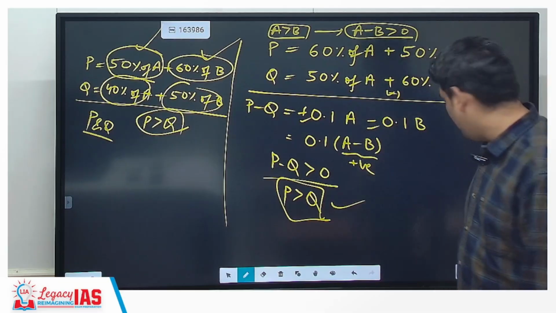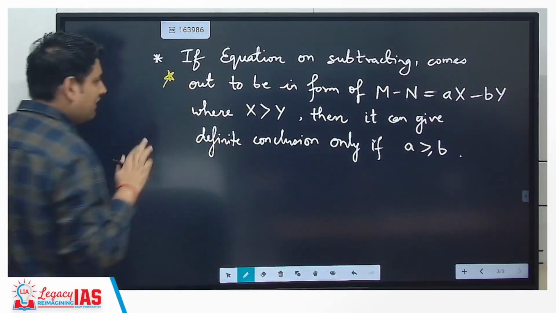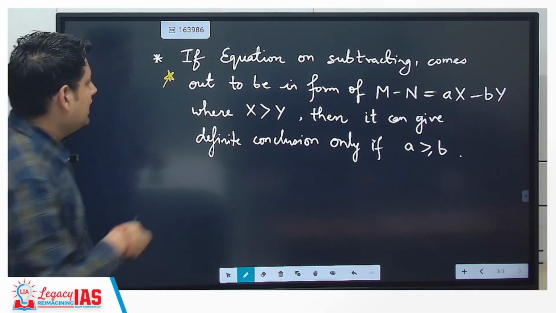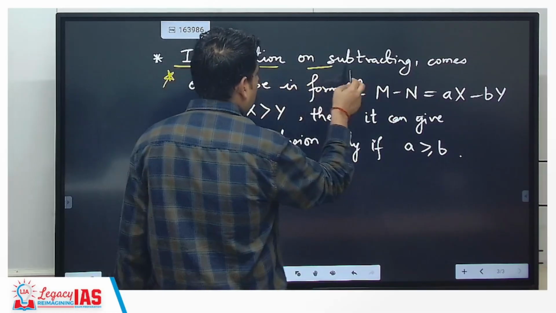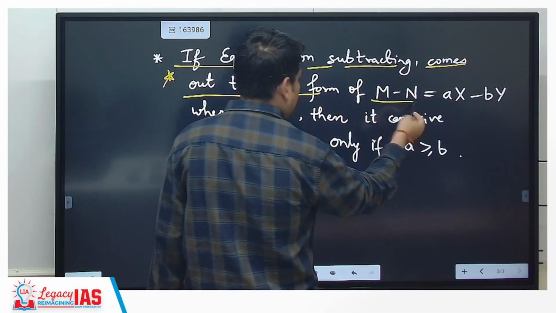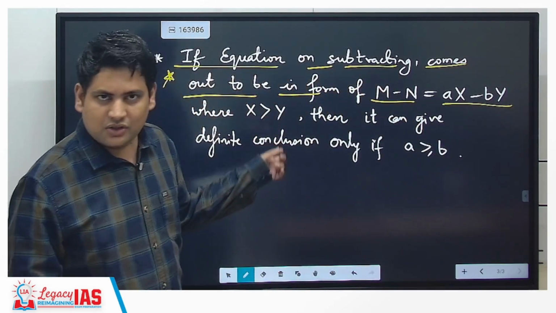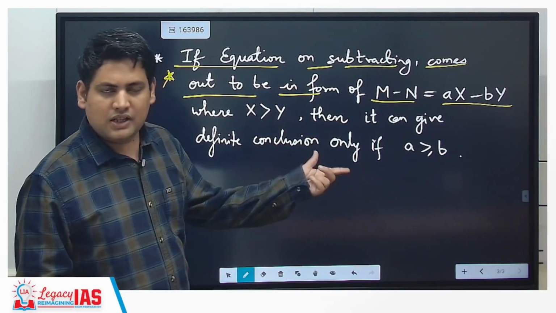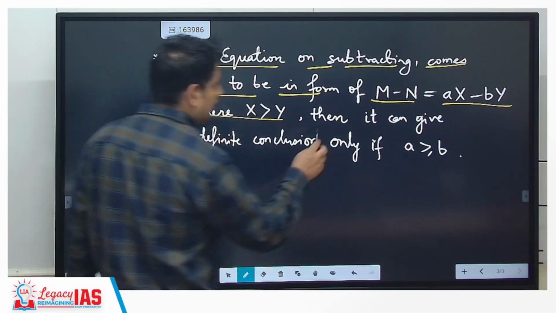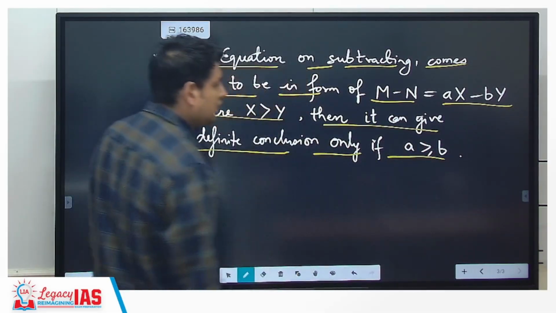A very good way to do them is just to remember this. If you remember this, you can get to your answers. What it says? It says, if equation on subtracting comes out to be in form of, let's say, m minus n comes out to be ax minus by form, like that question came out, 0.1x minus 0.15y, where x is greater than y, then it can give definite conclusion only if a is greater than or equal to b.